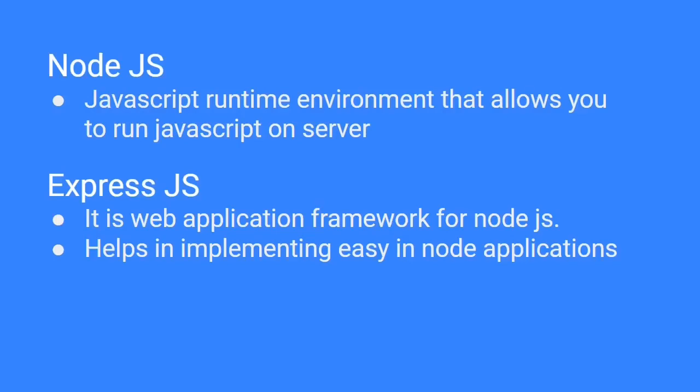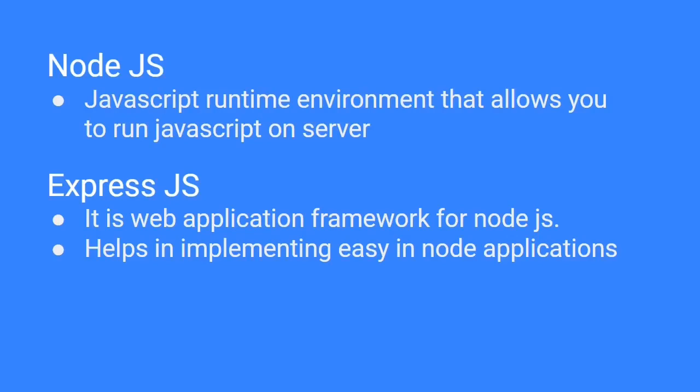Express.js is also built on the Node.js framework, and you can use it for routing. Once you import Express.js into the Node application, you can easily implement the routing mechanisms.